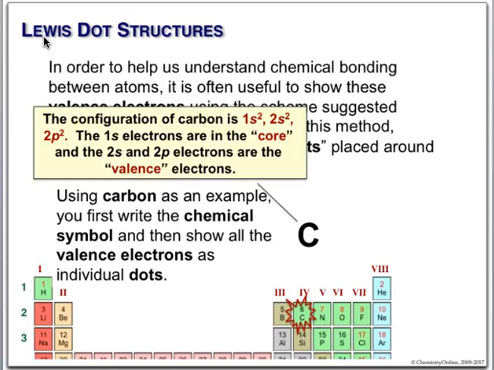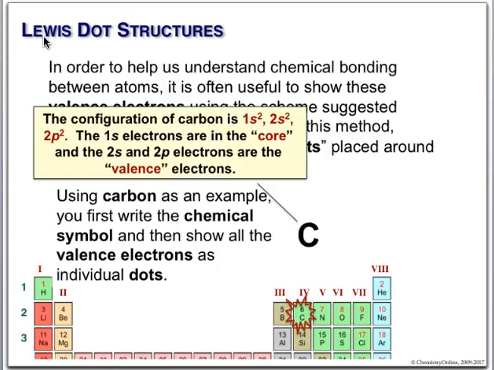And those are the ones in the second period. We have a total of 1, 2, 3, 4 electrons. Now what Lewis said was that we were going to put those electrons around the carbon as little dots, called the Lewis dot structure.